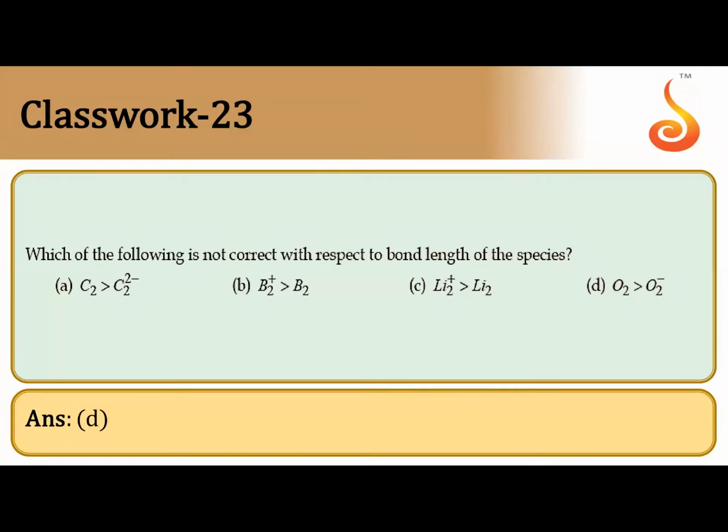Okay, proceeding here. Yeah, let's do this one. One more at least, let's do a revision of this concept before going to our homework questions. Which of the following is not correct with respect to bond length? You get working, children. I will also get working.